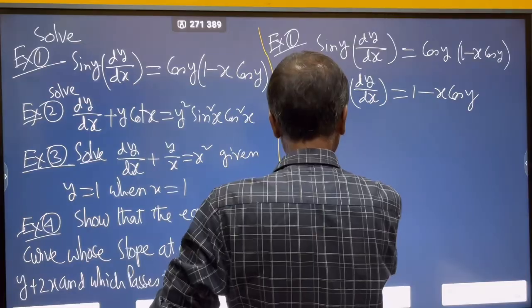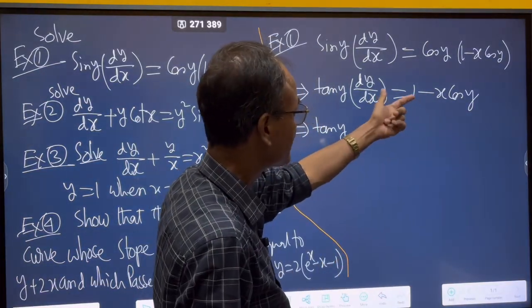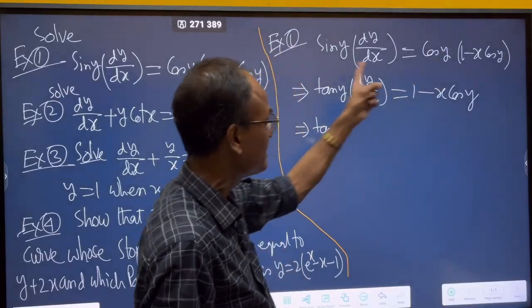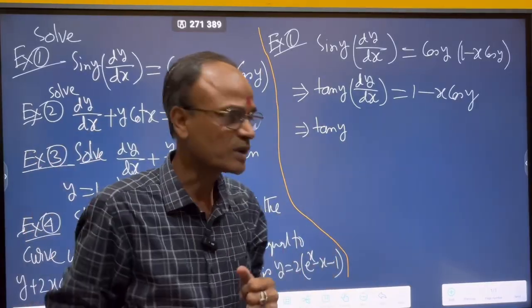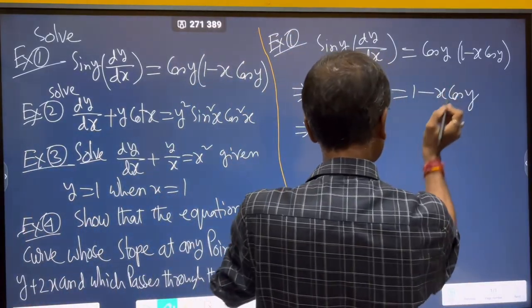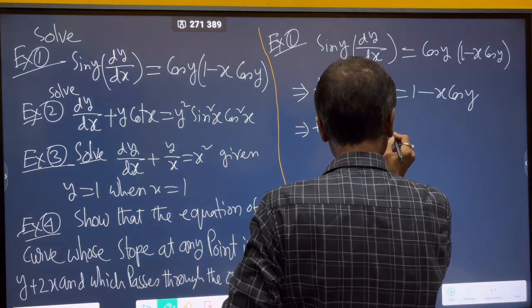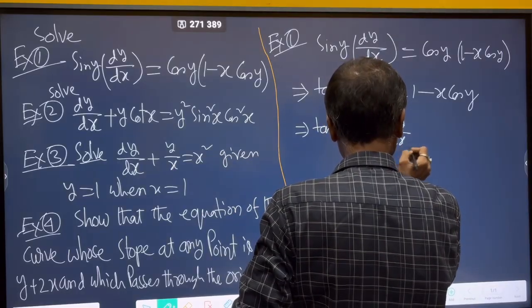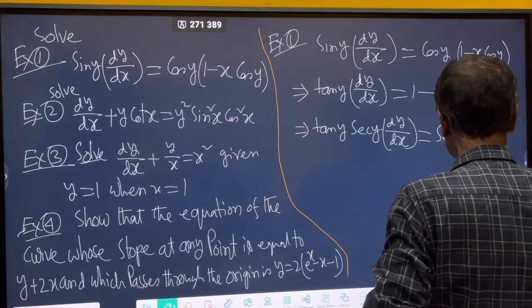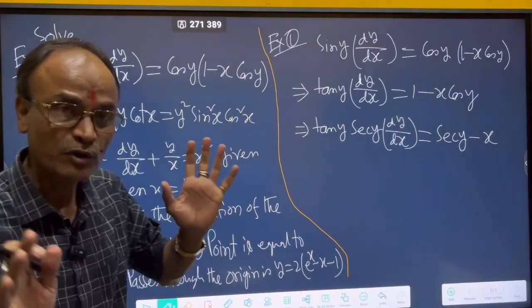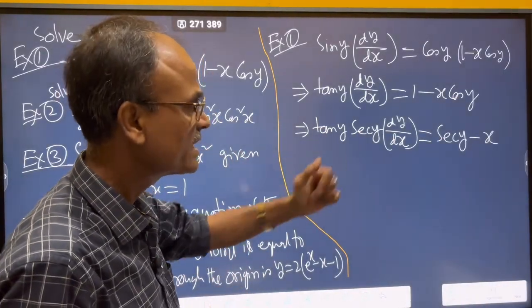Or you may write it like this: take this cos y here. Sin y by cos y means tan y, or dividing the equation by cos y, tan y into sec y dy by dx is equal to sec y minus x, because cos y into sec y equals 1.